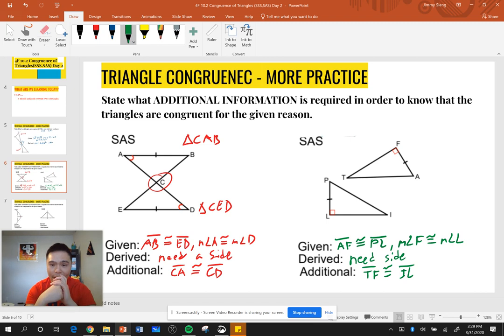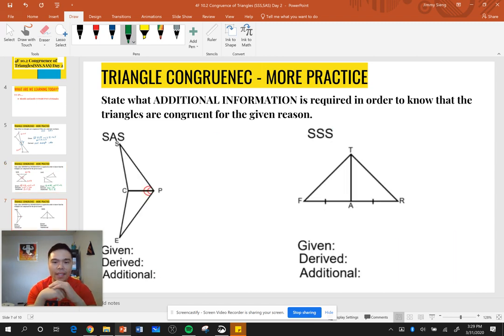Okay. Once I have that, then I'll have side angle side, okay? So go ahead and look at these ones. Again, we're trying to prove those side angle sides, and let's just go through it together, okay? I got some other two that I want you to do on your own, but these ones, let's just keep going, okay?